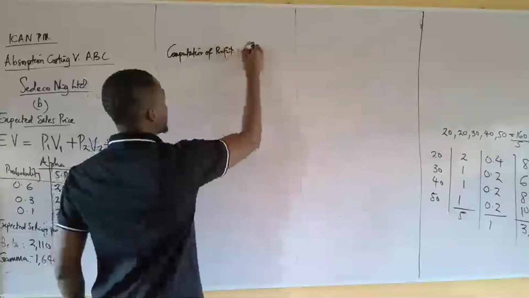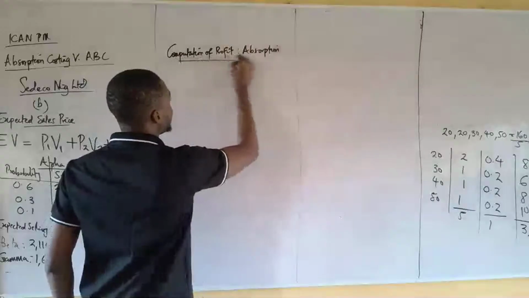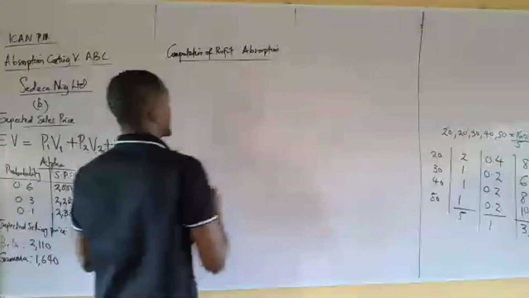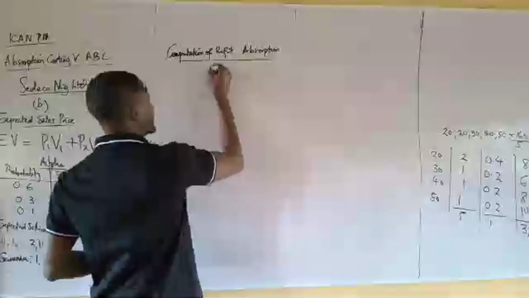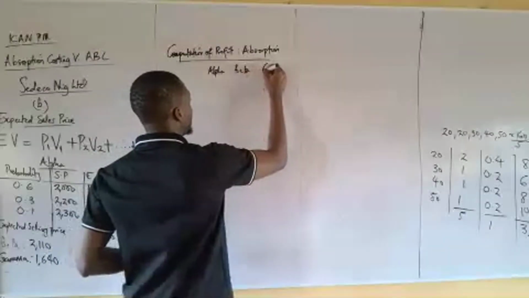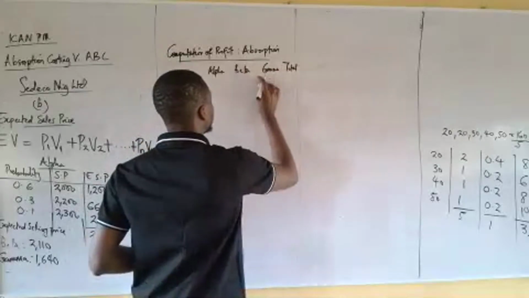I will start with the absorption or traditional approach. We have alpha, beta, gamma, and one for theta.